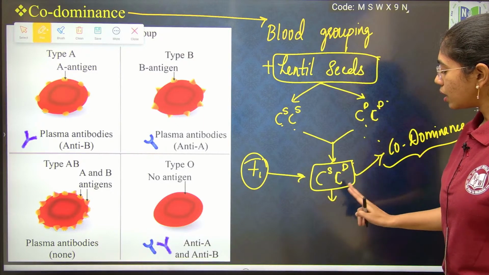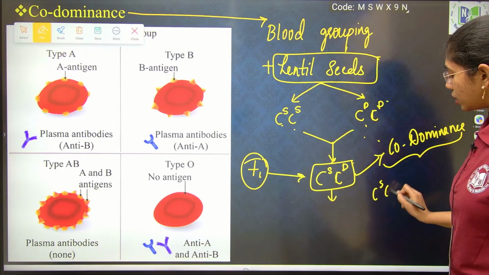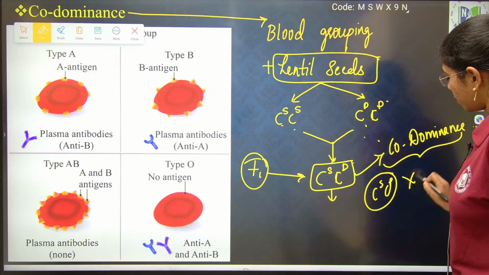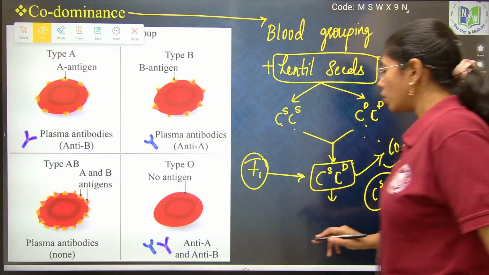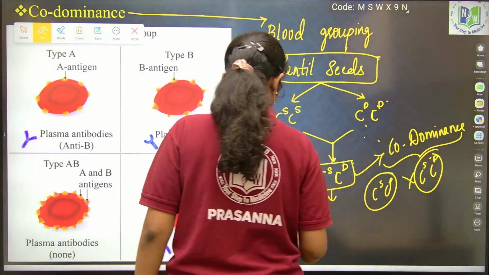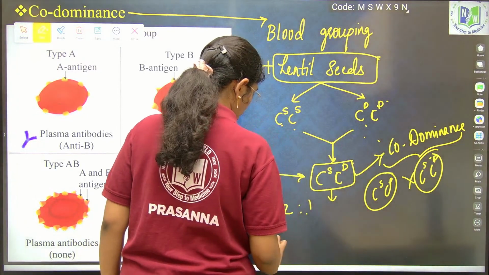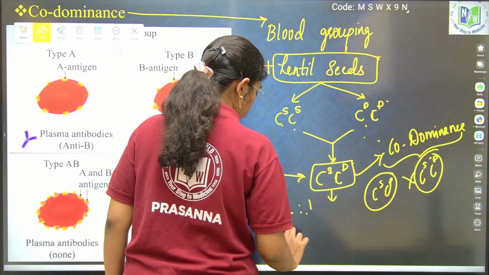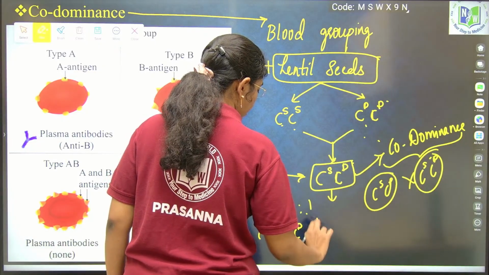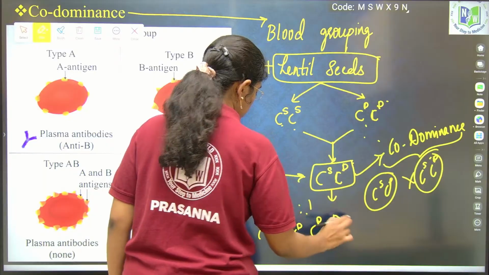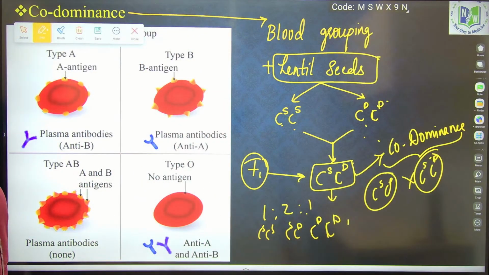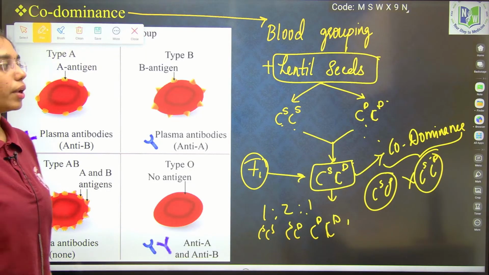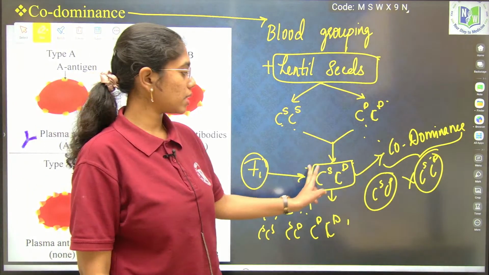When this is selfed, you can get 1:2:1 ratio of 1 spotted, 2 spotted and dotted, and 1 dotted seeds. This ratio is obtained on selfing of F1 generation, which is codominance, where both the phenotypes are expressed in the F1 generation.